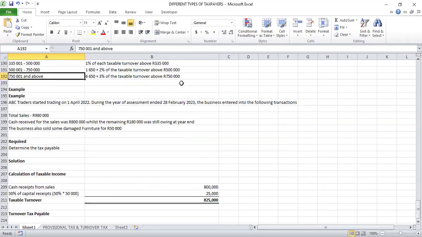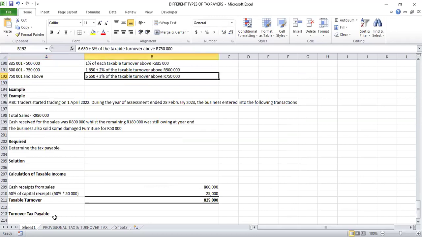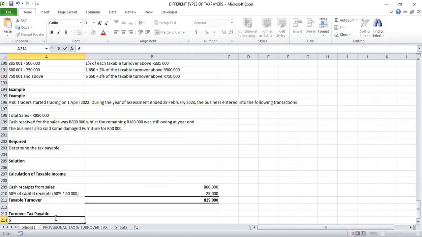So that means their tax will be 650 plus 825,000 minus 750,000 times 3%.